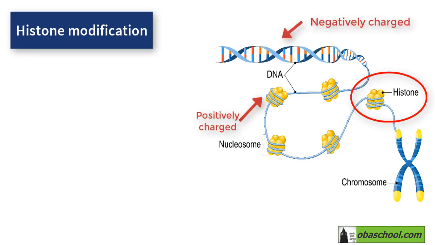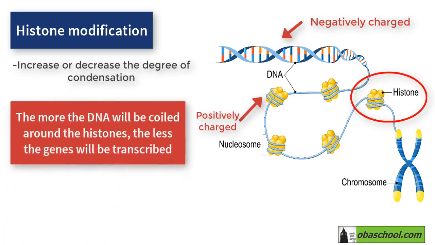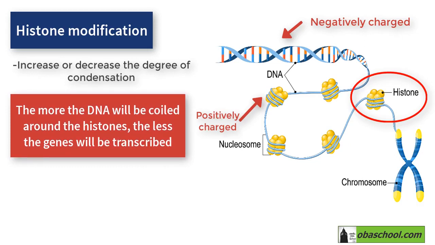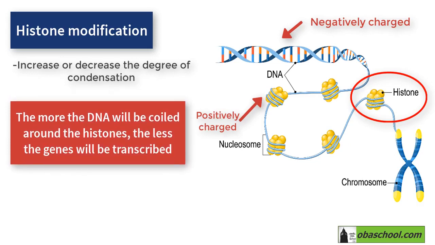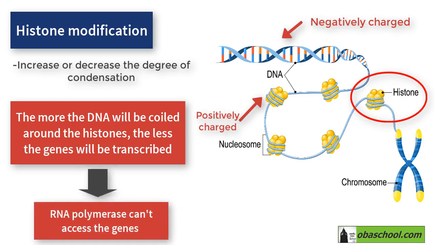So, histones can be modified to increase or decrease the degree of packing or condensation. As a result, the more the DNA is coiled around the histones, the less the genes will be transcribed. The transcription of genes is not possible when the DNA is tightly wound because RNA polymerase cannot access the genes.